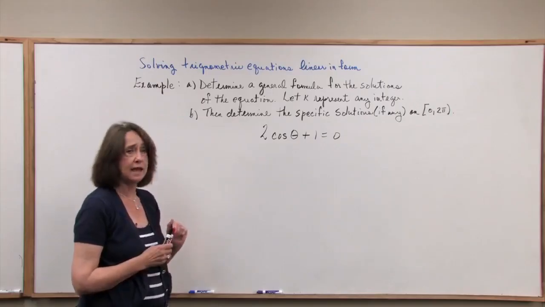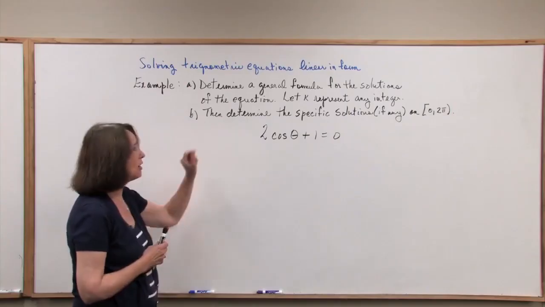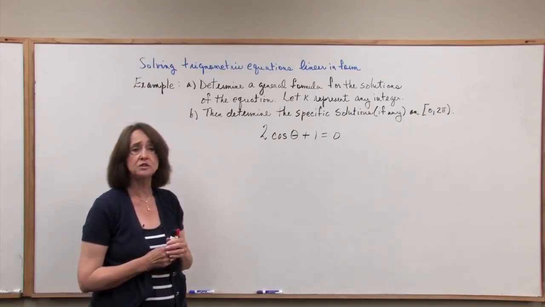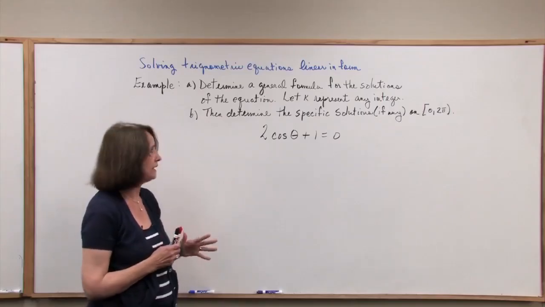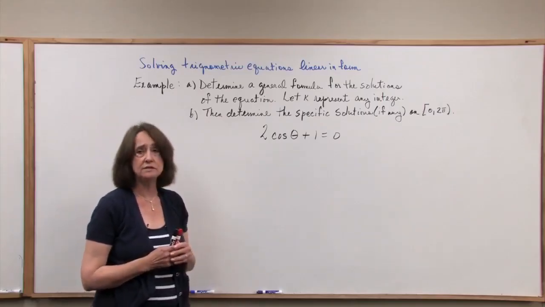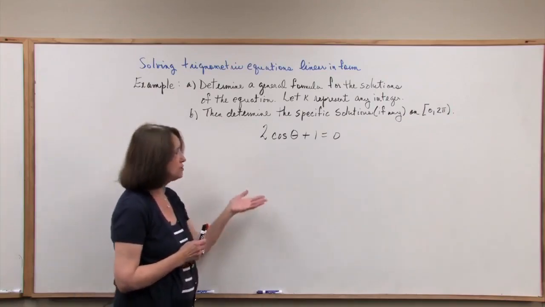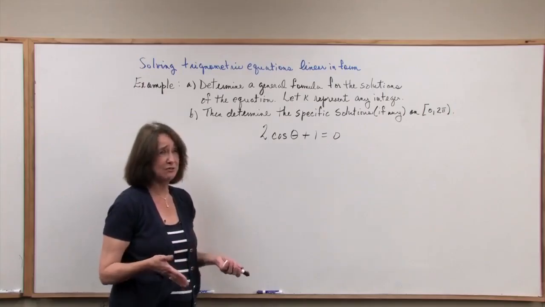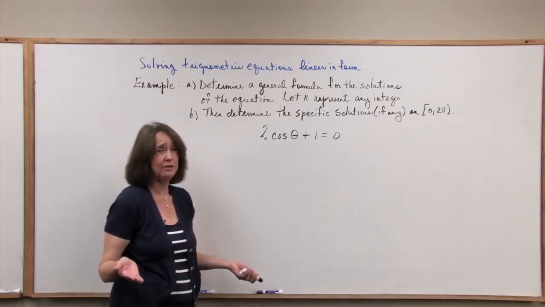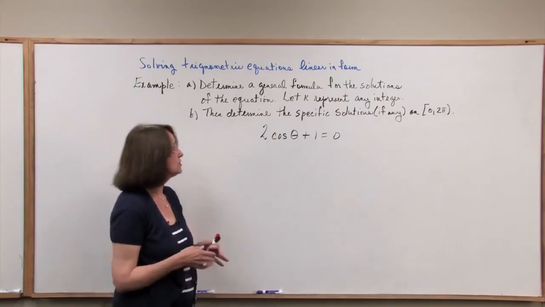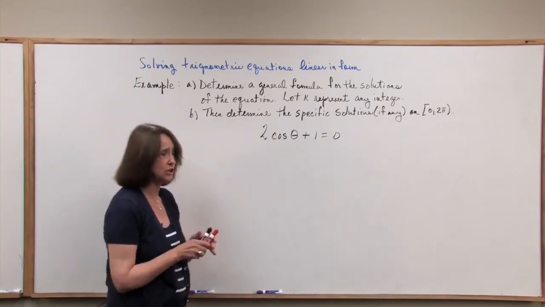We're going to let k represent any integer. And then as a B part, we're going to determine the specific solutions, if any, on the interval 0 to 2 pi. So in looking at this equation, the first thing you might ask yourself is, what do I do with it? I don't know where to begin to solve this equation.